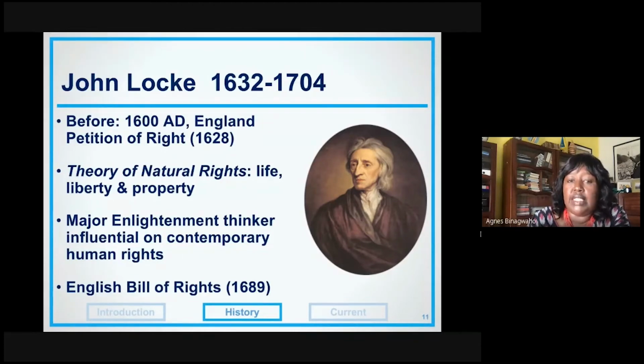Beginning of the 16th century, after a long period during which the idea of separation of socioeconomic status and right began to take root, a man called John Locke, born in 1632, created his theory of natural rights, which are life, liberty, and property.